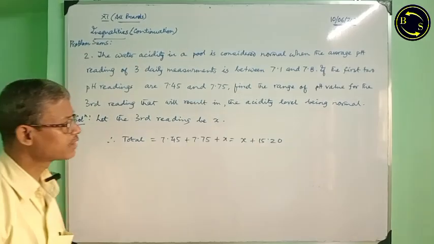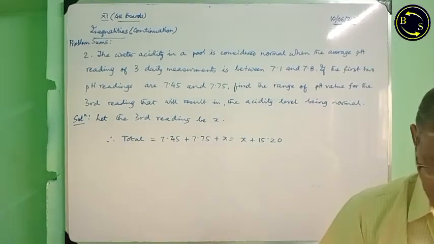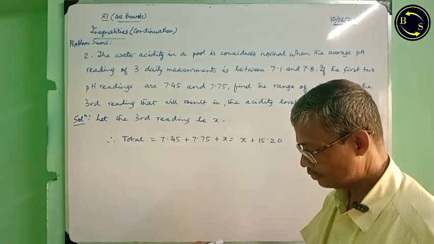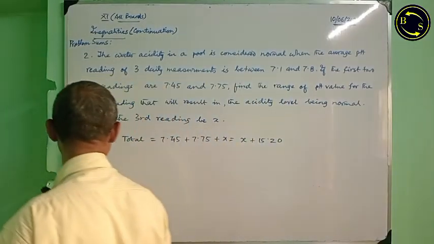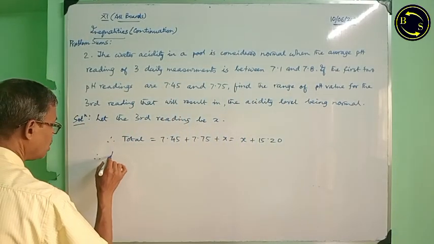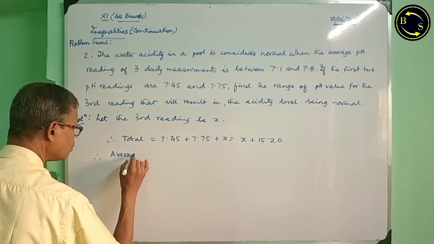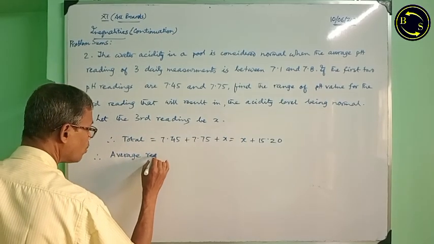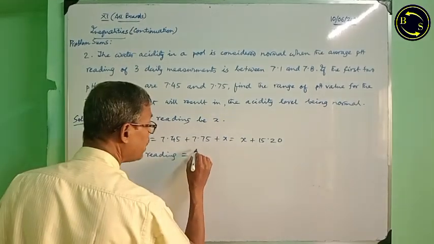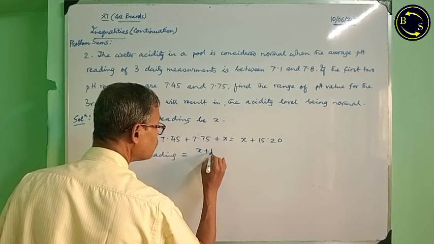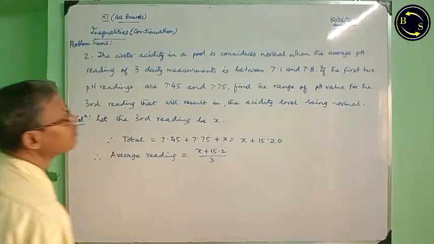Total reading is X plus 15.2. Now average will be in that case, therefore average reading is equal to X plus 15.2 by 3.